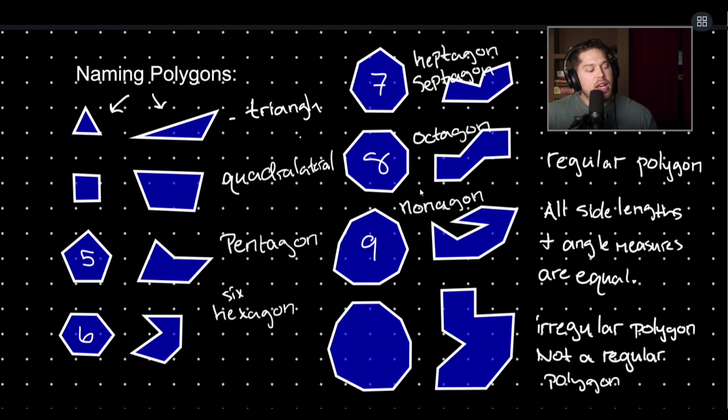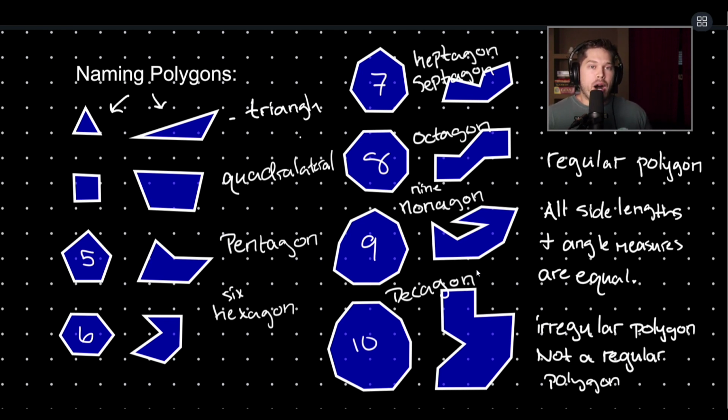You can think 9 and non are very similar. And then the last one we're going to talk about is our 10-sided polygon. That is our decagon. And you can think of the word decade. Decade is 10 years. Decagon is a polygon with 10 angles or 10 sides.